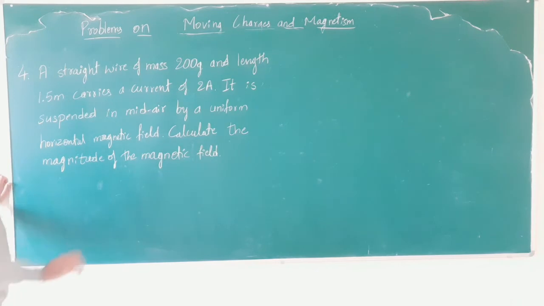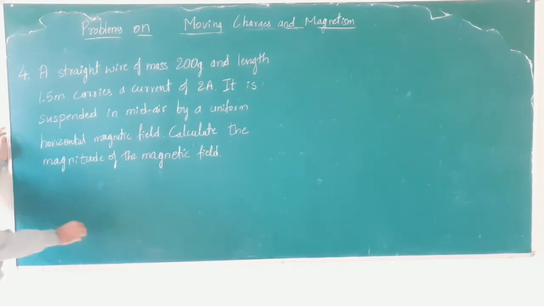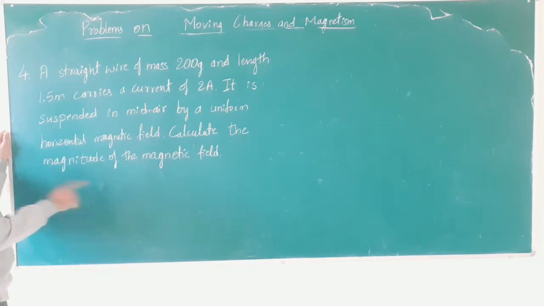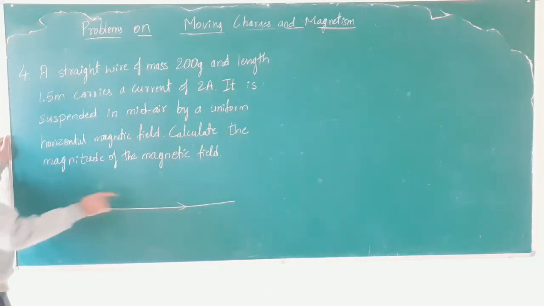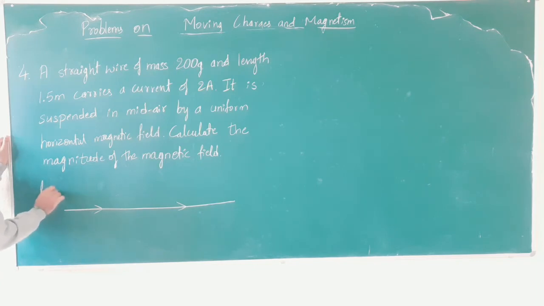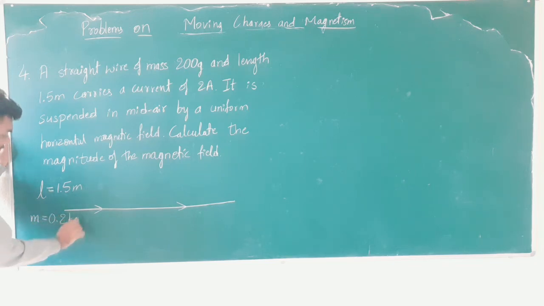Here we have a wire of mass 200 gram and length 1.5 meter carrying a current of 2 ampere. It is suspended in mid-air. This is how the wire is, of length L is equal to 1.5 meter. Mass of the wire is 200 gram, which is 0.2 kg.